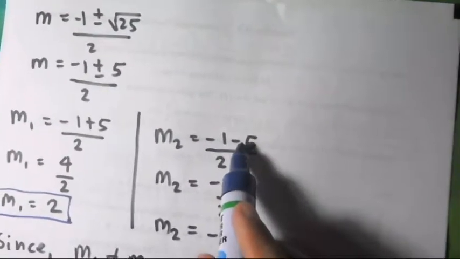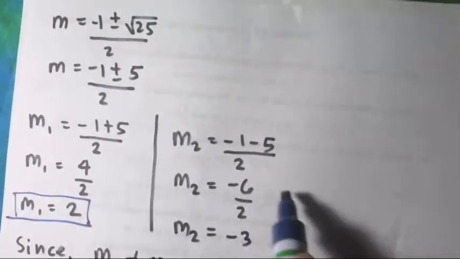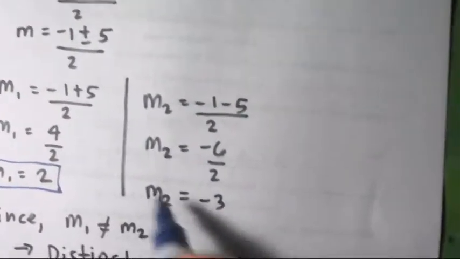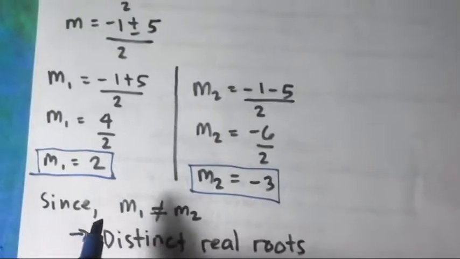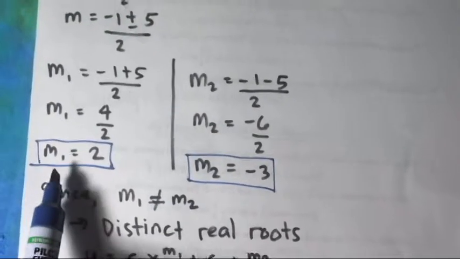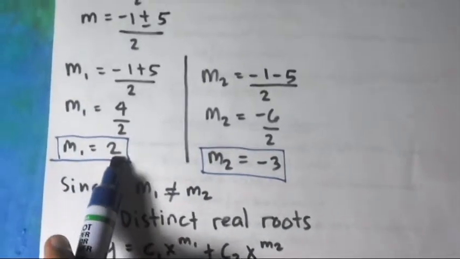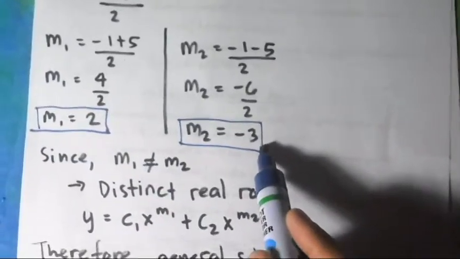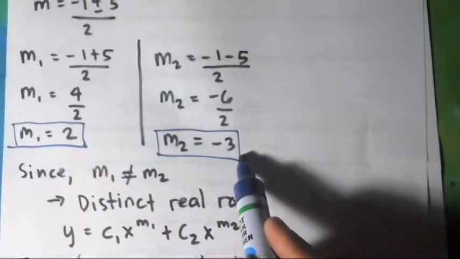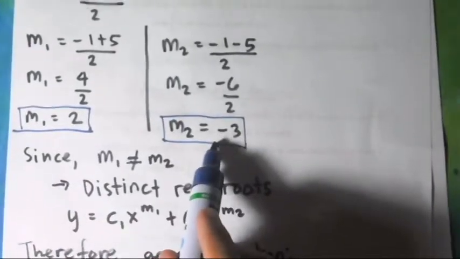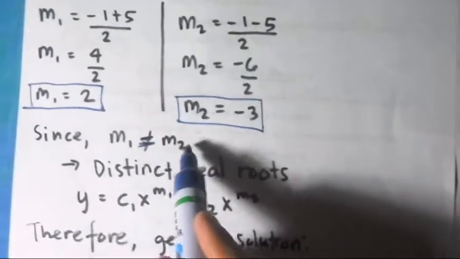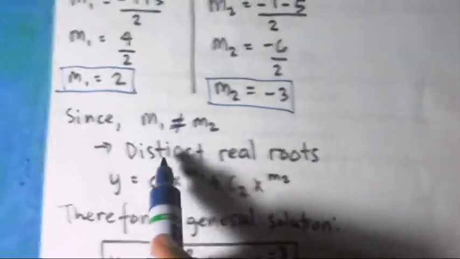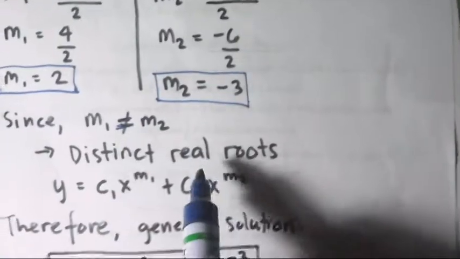Negative 1 minus 5 is negative 6 over 2. We now get the value of m2 as negative 3. And now we already have m1 equal to 2 and m2 equal to negative 3. By looking at these two values, we have m1 is not equal to m2. Therefore, we conclude that these two roots are distinct.